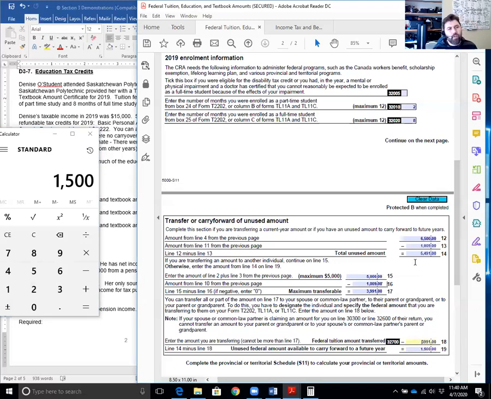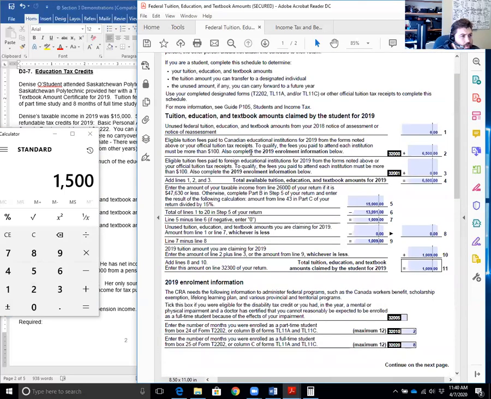Okay, so that's how you fill out this form when there's no unused federal tuition carried forward from 2018.